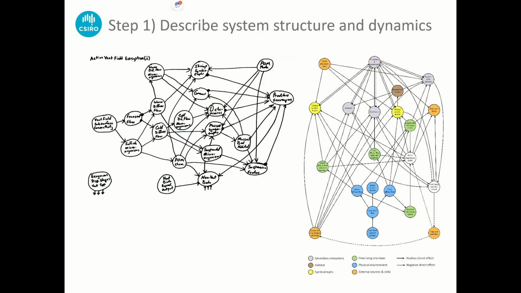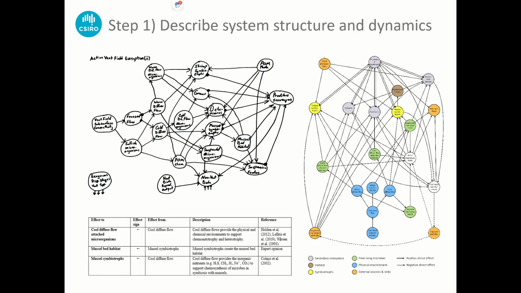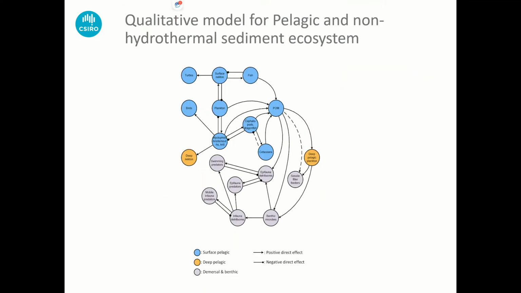So that diagram on the left gets converted into a diagram on the right, and then all of the effects, the links between those systems, the lines that you see there, are documented and referenced so that we have some sort of understanding of exactly where and how the evidence base for those particular assumptions actually comes from.